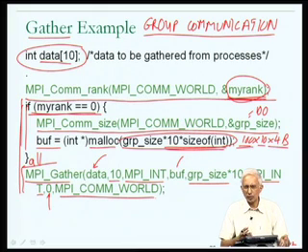So in this way it is possible for even more than one piece of data, more than one integer, to be communicated using the same functions that we had talked about.